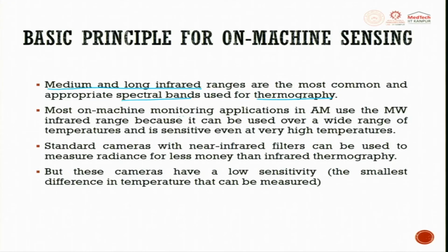Most on-machine monitoring applications in AM use the medium wave infrared range because it can be used over a wide range of temperatures and its sensitivity even at very high temperatures is very good. So, we use medium or long infrared range cameras for measuring.